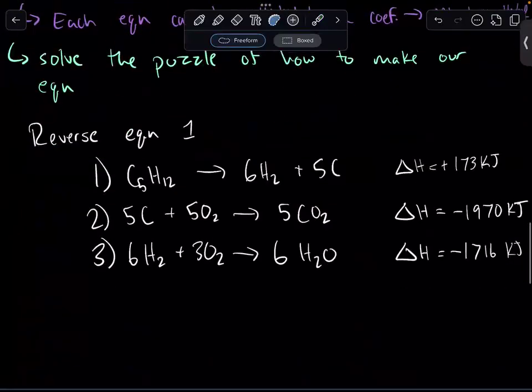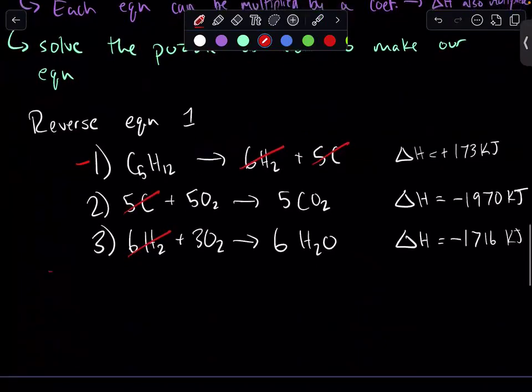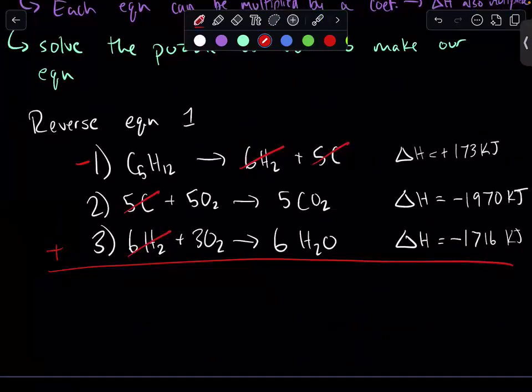And we can see with our new equation one, 6 hydrogens cancel with 6 hydrogens, and 5 carbons cancel with 5 carbons. If we add these equations up, we just sum them all, we get as follows.